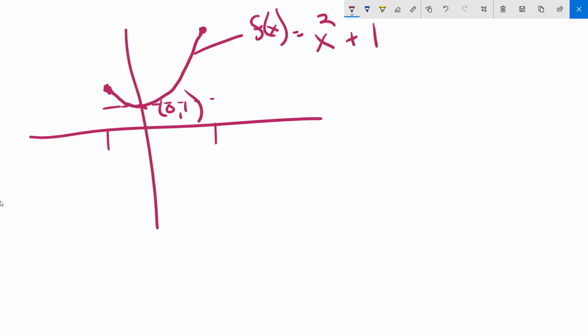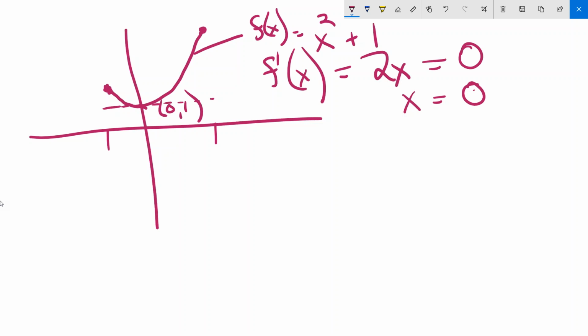And clearly that occurs at that point (0, 1). So I know the minimum occurs where my slope of the tangent line is 0. If I took the derivative of the function, I get 2x. I set 2x equal to 0. Well, that occurs when x is 0.